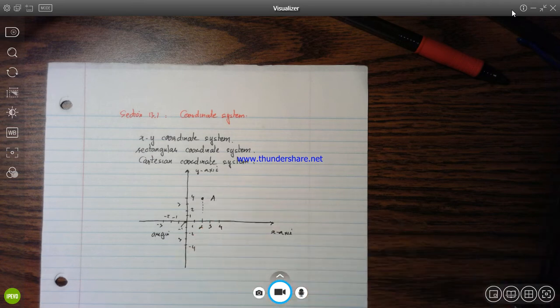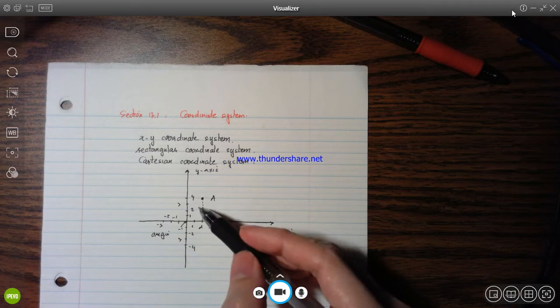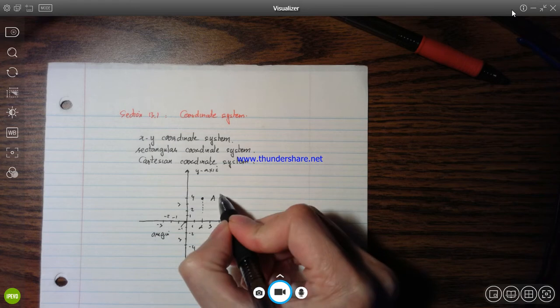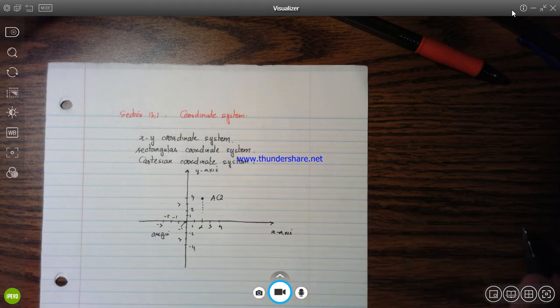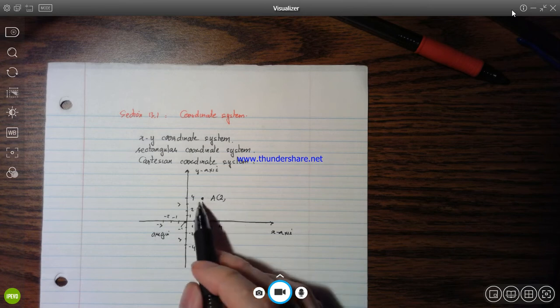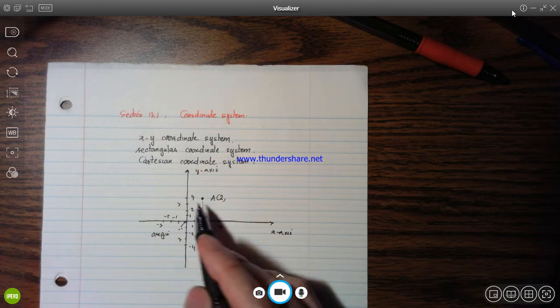I call that point A. The first component we call the x component because it corresponds to the value on the x-axis. Over here the value is 2. Okay, so the x component goes first, then a comma. The second component we call the y component because it corresponds to the value 4 on the y-axis.